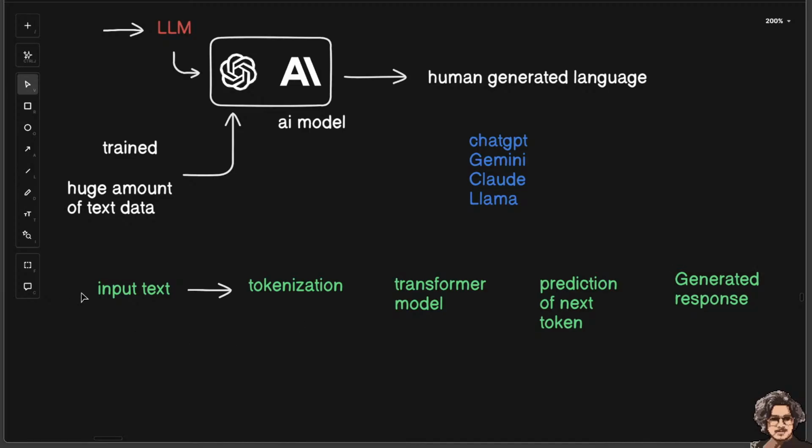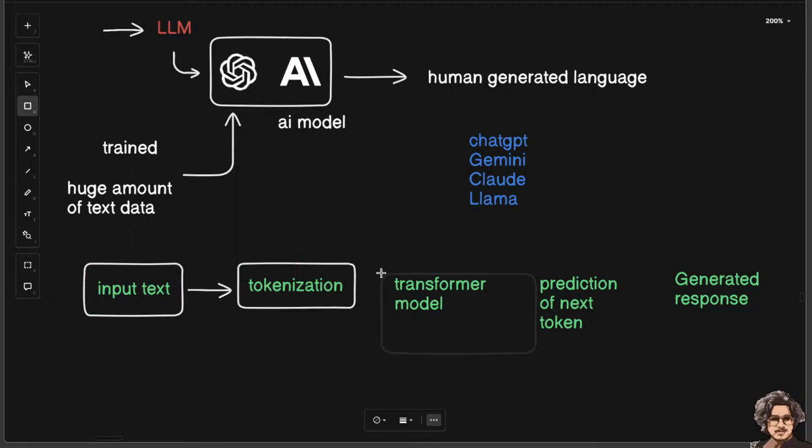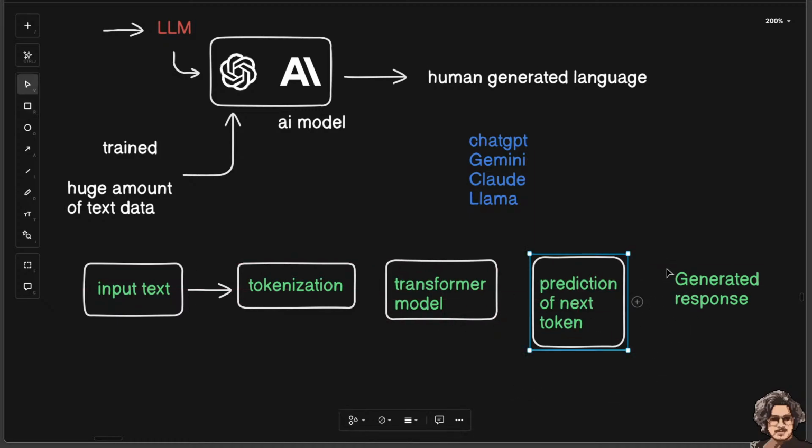So we have understood the input text, then tokenization, then the transformer model, then prediction of the next token, and then the response is generated. All are connected. This is the workflow.